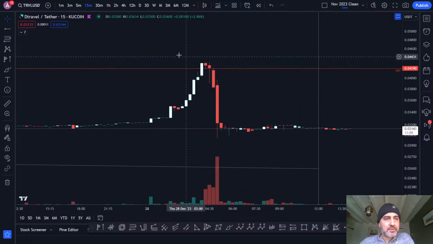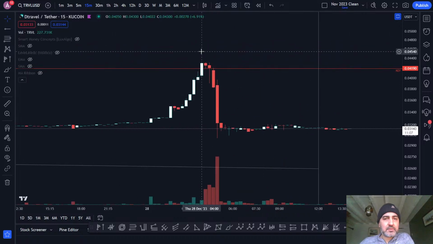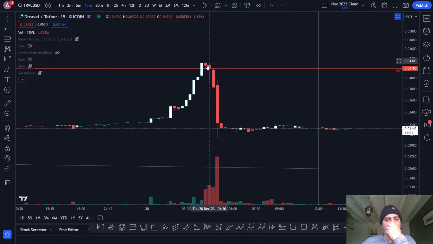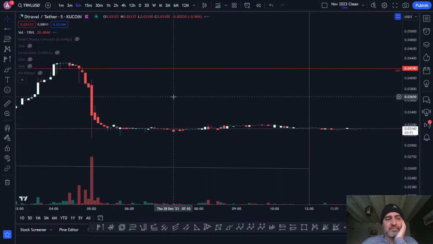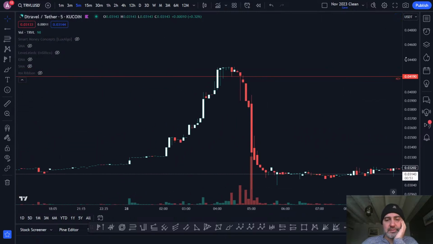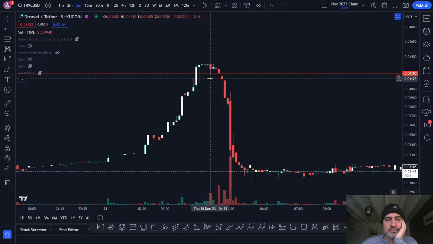So let's see this one here. Look at this. Wow. So above this key level that I had marked was 814,000 in volume in that 15-minute period. Look. Just this one single red candle.